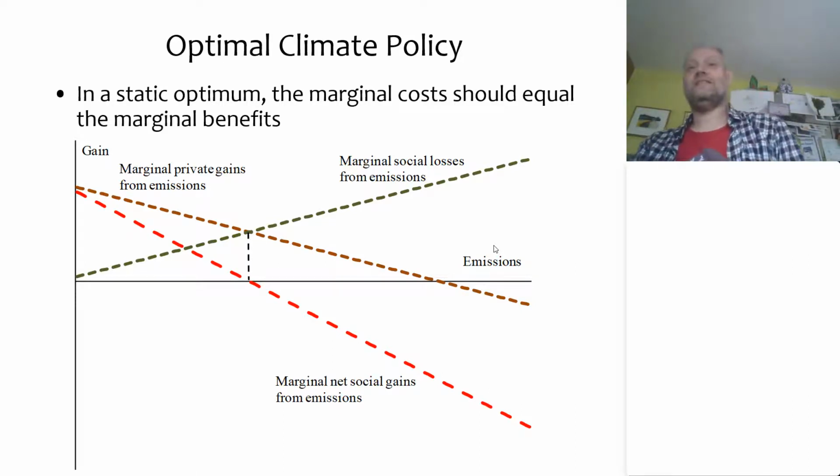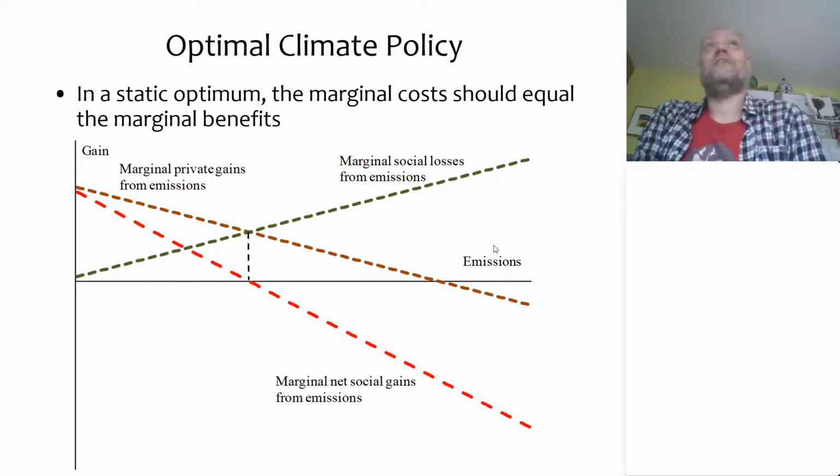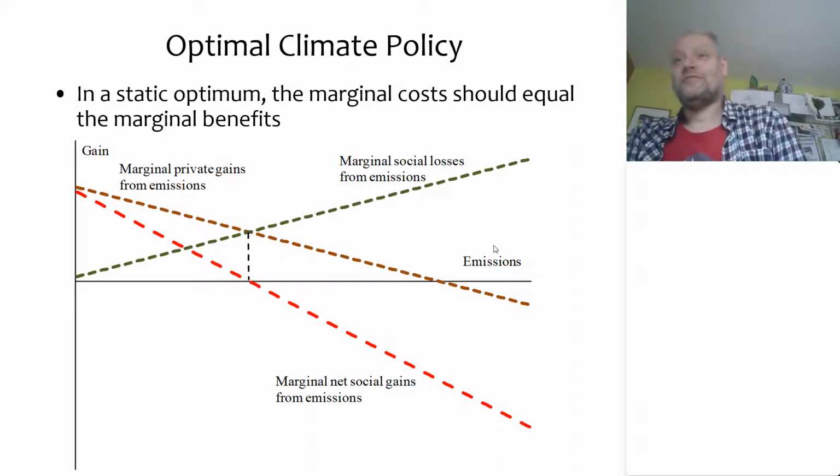So if you look at the structure of the marginal cost curve, a little bit of emission reduction is cheap. I said before that engineers reckon that roughly 30% of energy use, and therefore emissions, serve no useful purpose, and that means that you can cut them at very low cost.